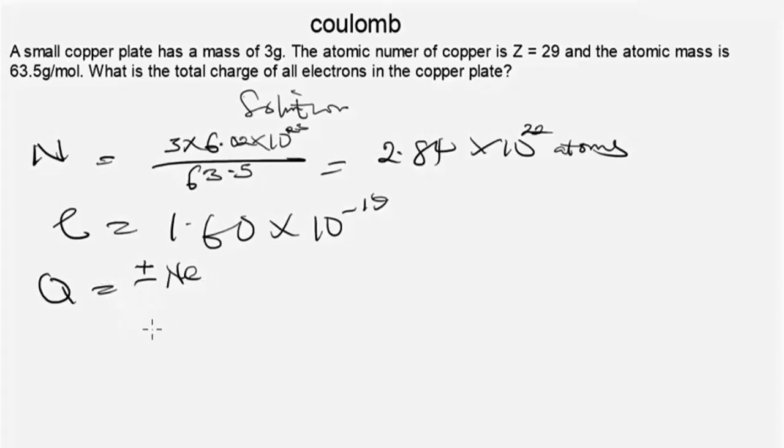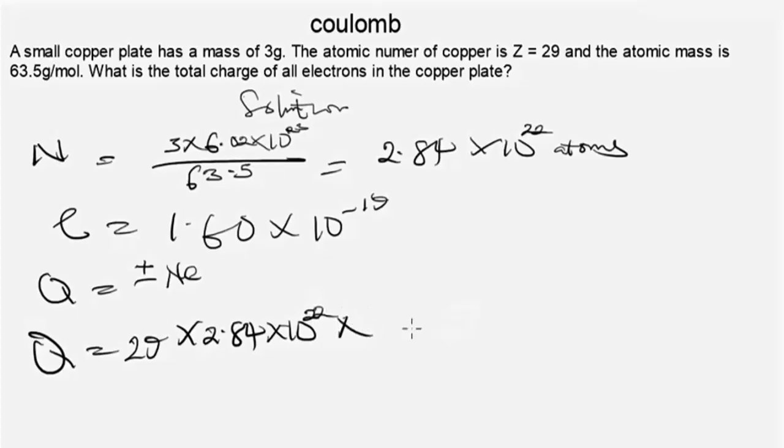But since each atom contains 29 electrons from the question, the total charge of all the electrons will now be given by Q equals 29 electrons times N, which is 2.84 times 10 to the power of 22, then times 1.60 times 10 to the power of minus 19.